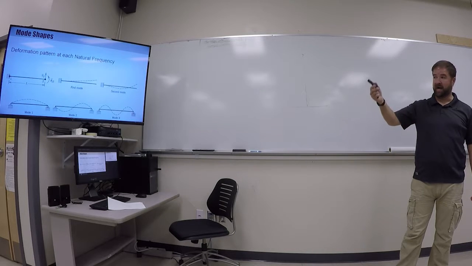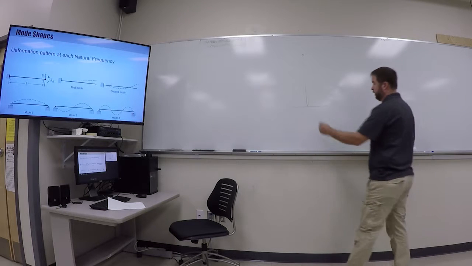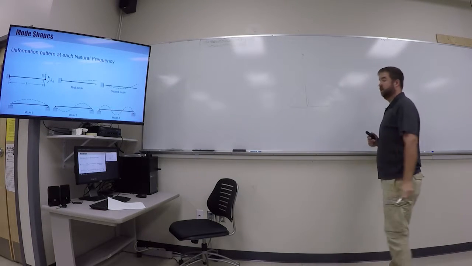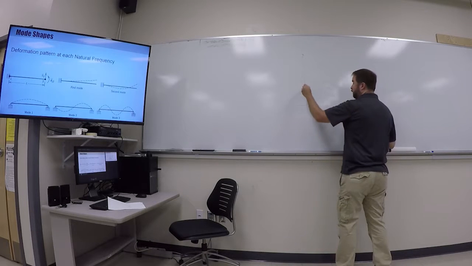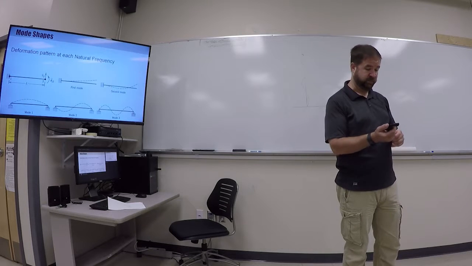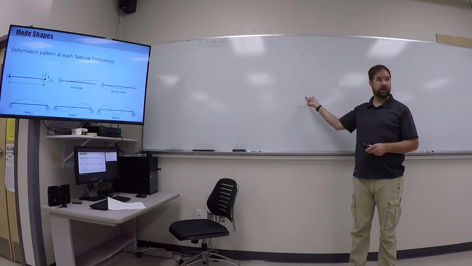Okay, so that's just a higher natural frequency than first or second mode. Usually it's happening so quickly that it kind of looks like that. And there are points along that length where the displacement is 0, and then there are places where it is very high.